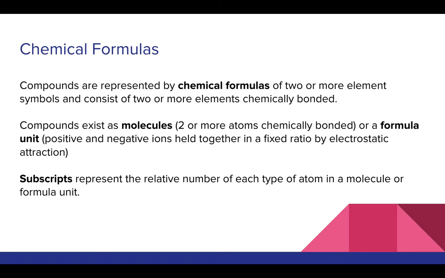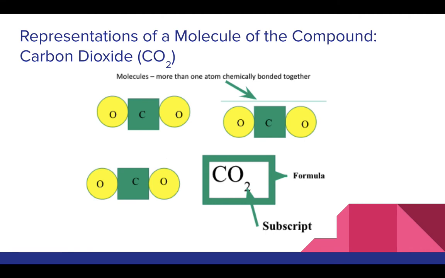Just recognize that a compound is always going to have 2 or more chemical symbols. Subscripts represent the relative number of each type of atom in a molecule or formula unit. So here's a representation of a molecule, the molecule carbon dioxide. It consists of 1 atom of carbon chemically bonded to 2 atoms of oxygen.